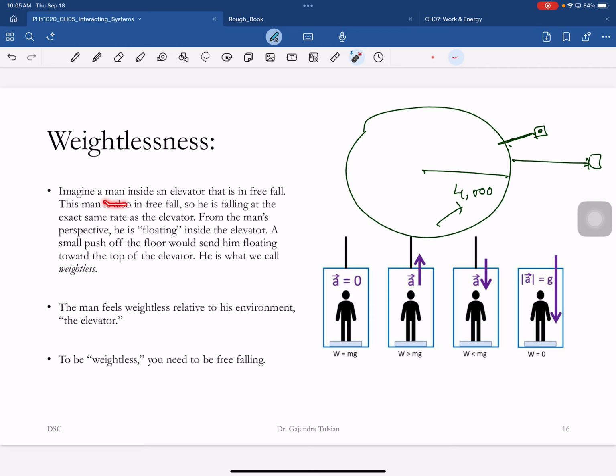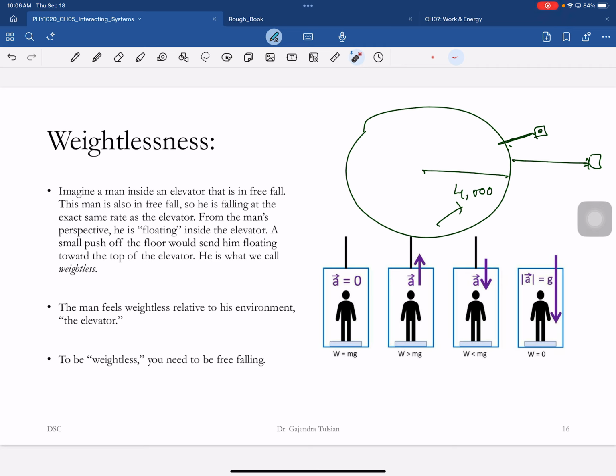So imagine a man in an elevator that's free falling. This man is also free falling. So when the elevator is falling, you're also falling inside the elevator. If you stood on a scale, the scale is not pushing you up, because you're accelerating downwards, so the scale doesn't have to push you up.